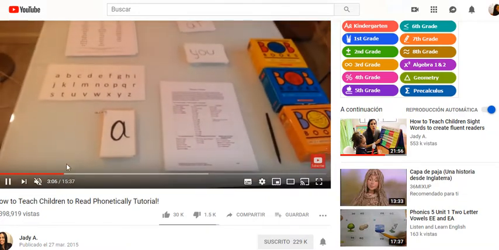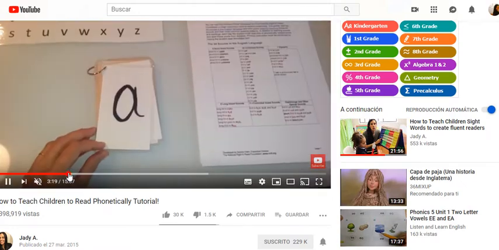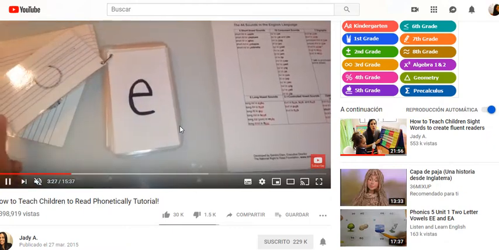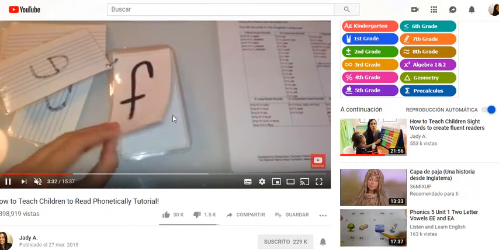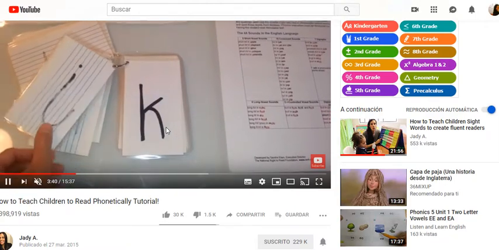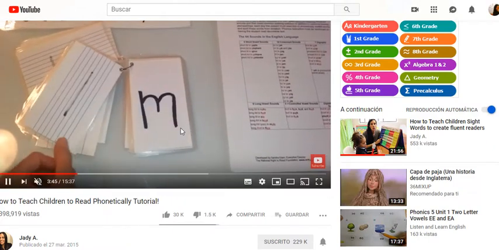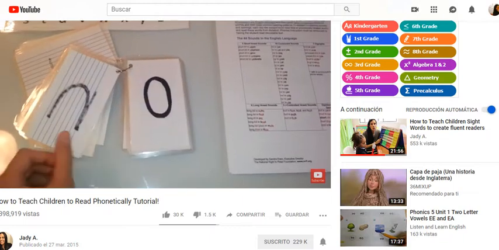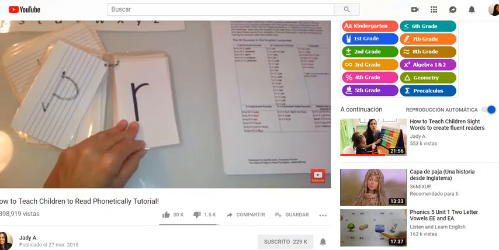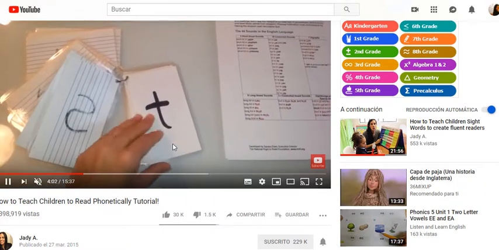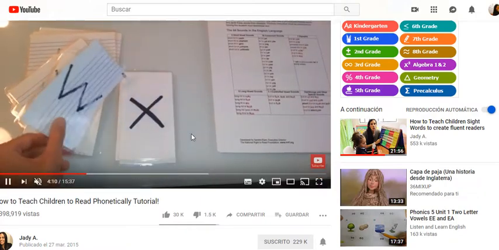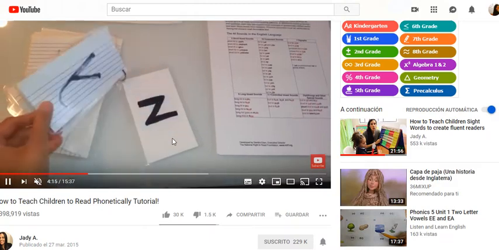B, b, d, d, e, e, g, g, e, j, j, m, o, o, k, s, s, t, t, o, v, v, w, w, x, x, y, y, z, z.